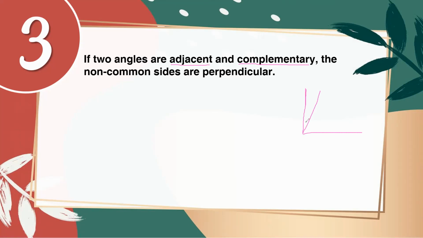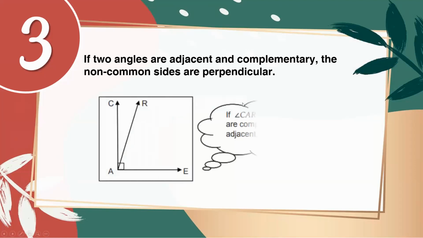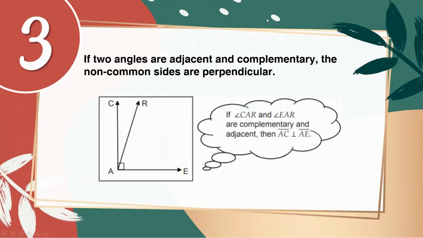They share a common vertex. This is the first angle and the second angle. The non-common sides are perpendicular. Okay. I want you to observe this illustration.